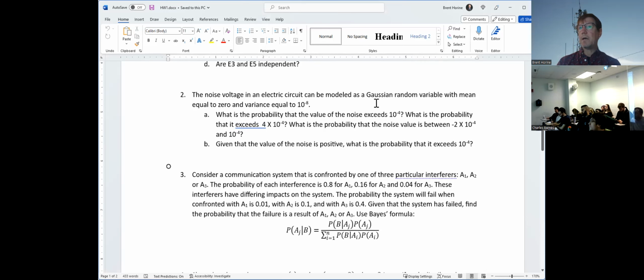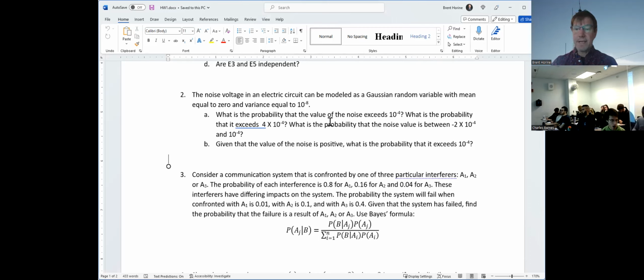I'll talk a little bit about a hint there, but this one's very relevant to us, right? So we have a Gaussian random variable. This is going to be the noise. It has a mean of 0 and a variance sigma squared equal to 10 to the minus 8. That's going to describe the noise power, right? And this is where we need to integrate through a region of the PDF.